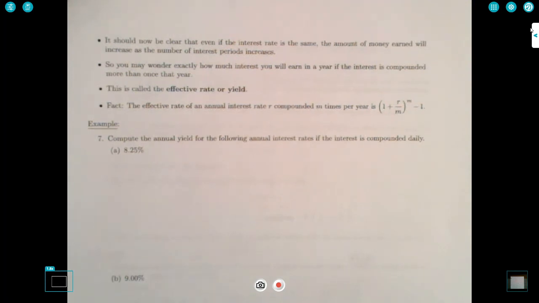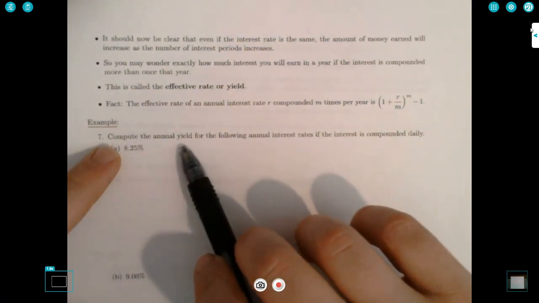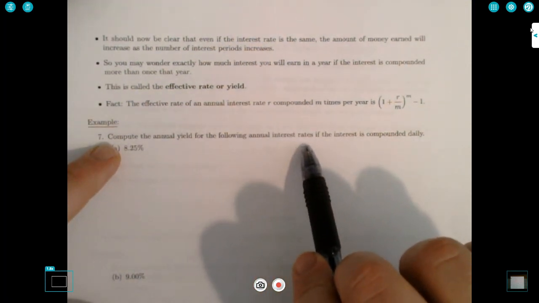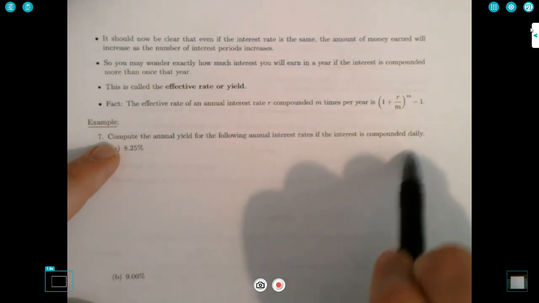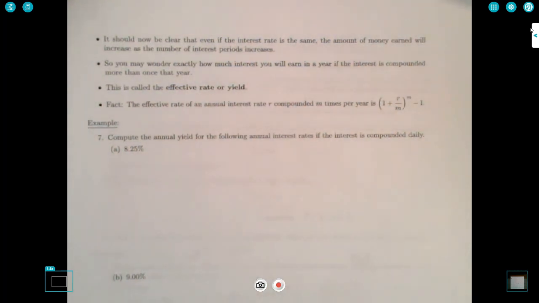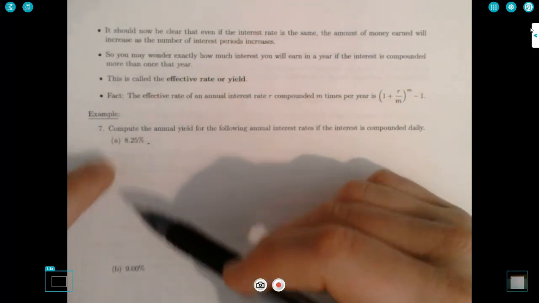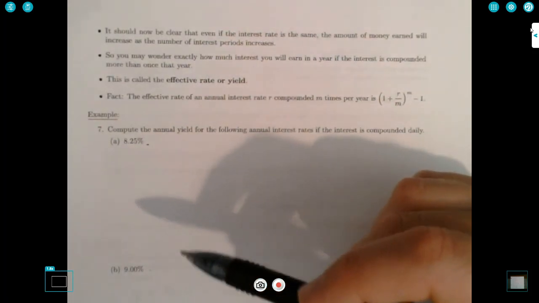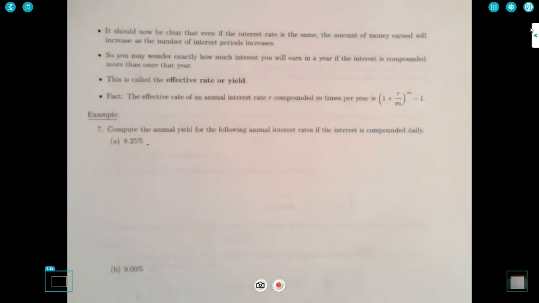But what I want to do is show you an example. It says, compute the annual yield for the following annual interest rates if the interest is compounded daily. Okay, so here we're given our annual interest rates, but the interest is not going to just be compounded once per year. It's going to be compounded daily, so 365 times a year.